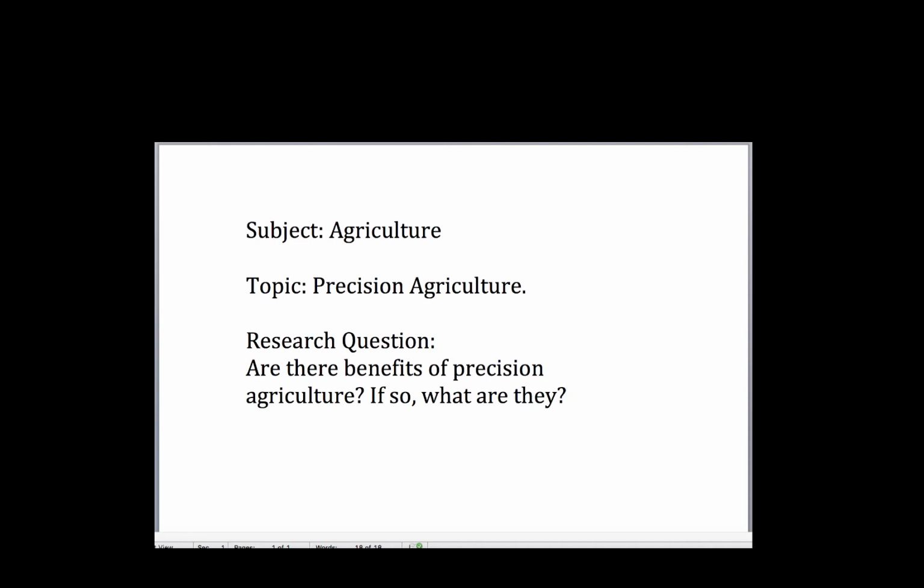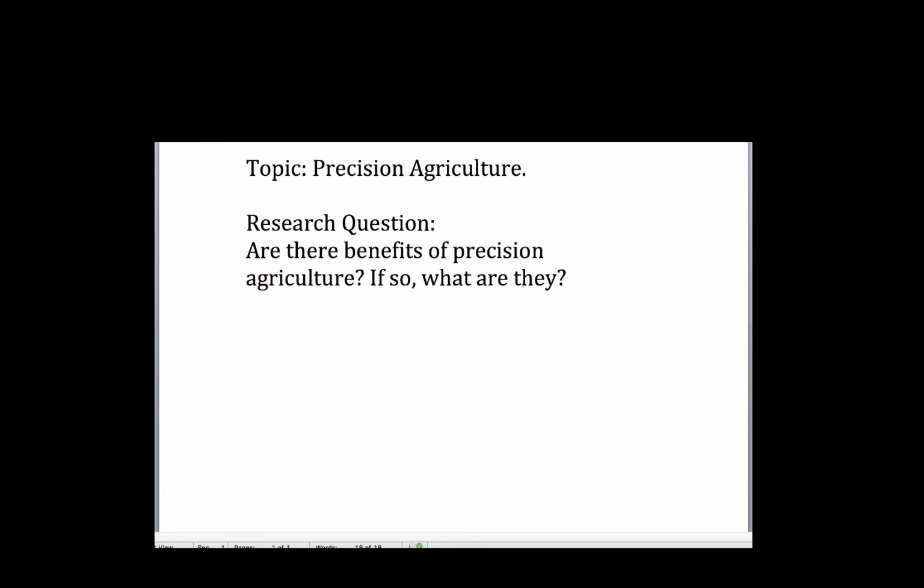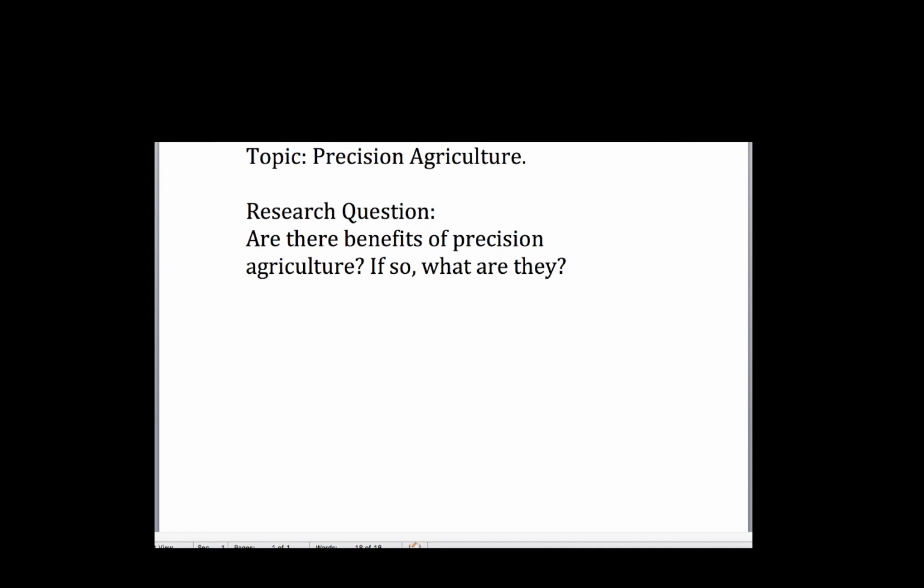But you, when you submitted your topics, you did come up with the side. So I'm now going to show that here. I'm going to put the claim in. And the arguable claim that I'm going to say is there are benefits to precision agriculture.